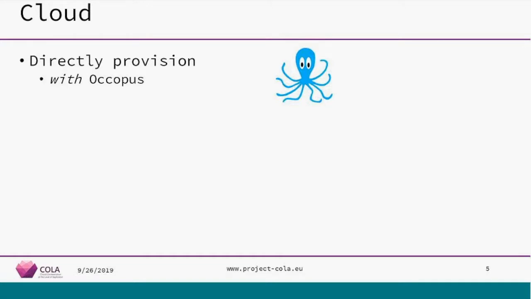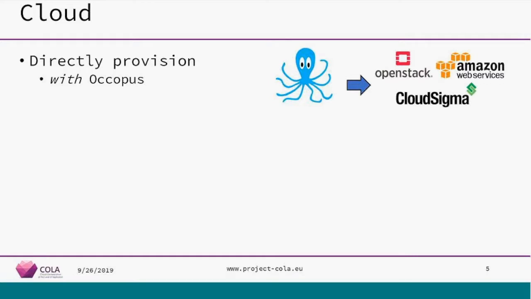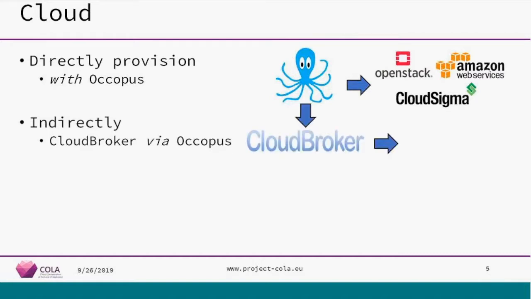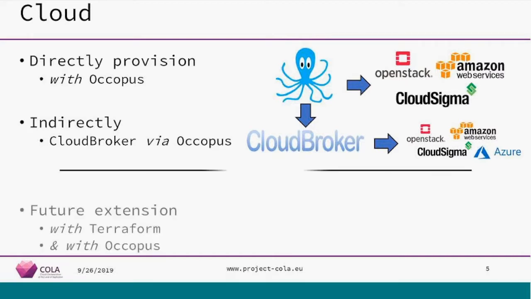So when we talk about a cloud in MiCADO, as it is today, we talk about the clouds that we support. And those can be provisioned through Octopus, and we get access to OpenStack and CloudSigma and Amazon Web Services, or they can be indirectly provisioned through Octopus, but via the Cloud Broker platform, which gives us access to those same clouds plus Microsoft Azure.